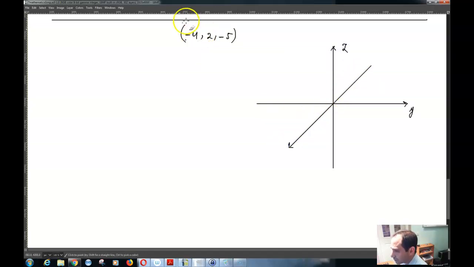So your x is negative, that means that you're to the back of the YZ plane. And then your y is positive. That means that you are to the right of the XZ plane.